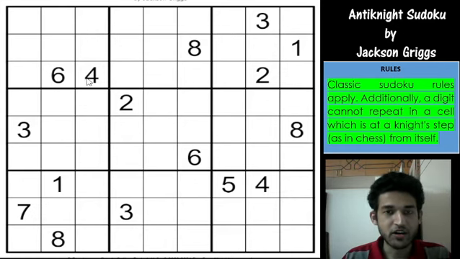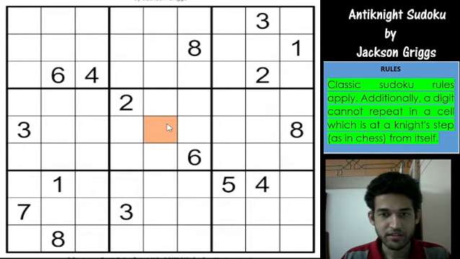Additionally, digits cannot repeat at a knight's move from itself. So if you consider this cell, for example, let's say you have 7 here, then 7 cannot be in any of these green cells. So all these cells are at a knight step away from the cell in red. So digits which are at a knight step away need to be different as per this Sudoku.